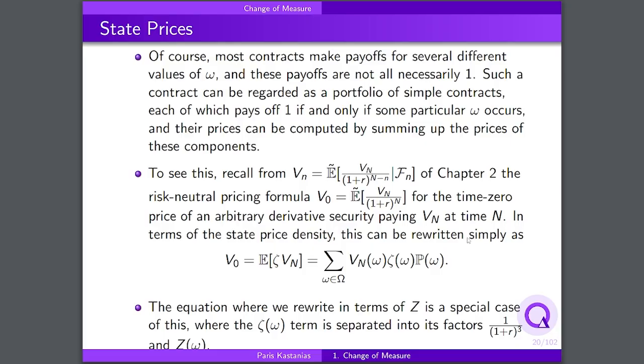The risk-neutral pricing formula V0 equals that thing there, which is on the board as well: the time zero price of an arbitrary derivative paying VN at time N. In terms of the state price density, this can simply be written as this, because we've changed from the tilde to the actual measure, and then we've introduced this zeta. So we can swap over. This equation, where we rewrite in terms of Z, is a special case of this, where the zeta term is separated into its factors 1 over 1 plus r to the N and Z.